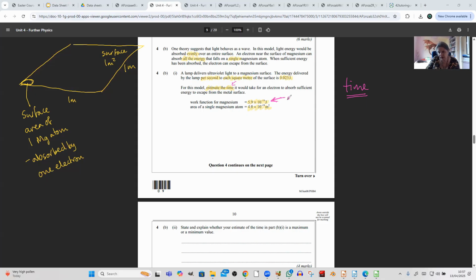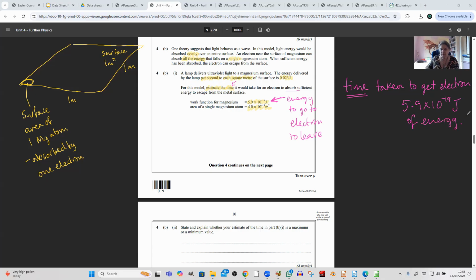Conceptually, that's the energy that needs to be given to the electron. That's what we're trying to find, because it's the time taken to absorb that much energy. Okay, time taken to get the electron 5.9 times 10 to the minus 19 joules of energy.